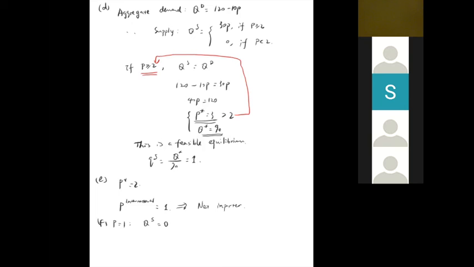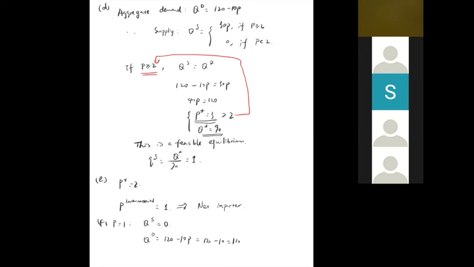So domestic supply will be 0. But domestic demand, from the demand function 120 minus 10 times P, we plug in P equals 1, so it's 120 minus 10, which leads to 110 as domestic demand.